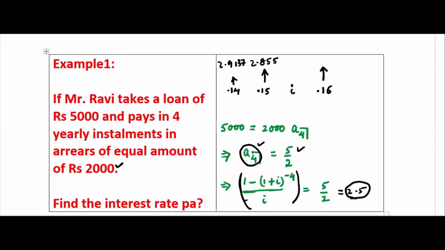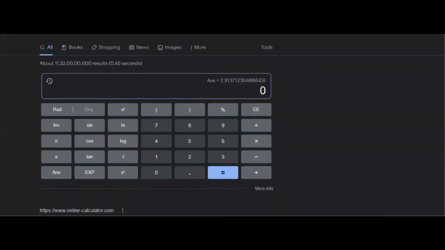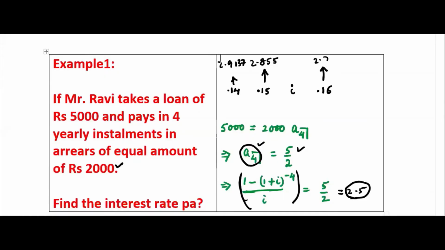Let me find at 16%. 1.16, 16%, power minus 4, then I will subtract from 1, then I will divide by I, 0.16, and that is 2.7981. We are closer, so we are happy with 16%. Let's try 17%.